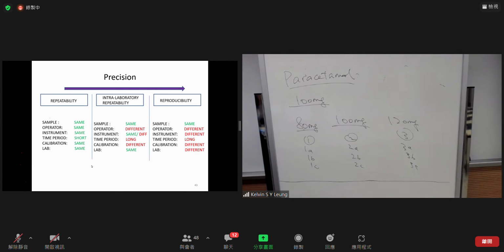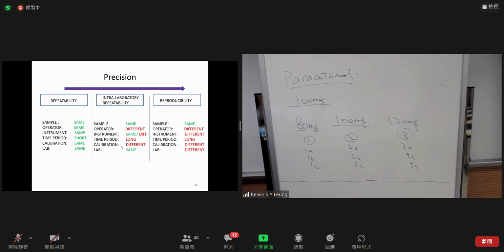Here is a summary for you to note: for repeatability, the operator, instrument, calibration and laboratory will be the same, within a short period of time. Whereas in the intra-laboratory, you use a different operator.